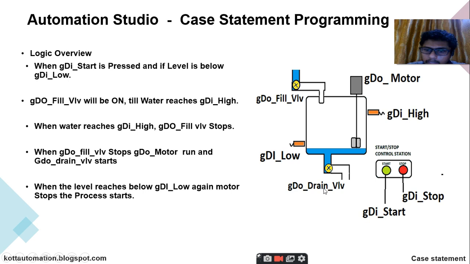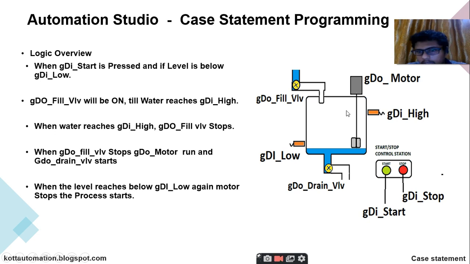The motor and the drain valve will start together. Motor and the drain valve will be on till the water reaches below the low level sensor. As soon as the water reaches below the low level sensor, the drain valve and the motor will get off and the filling valve will start.